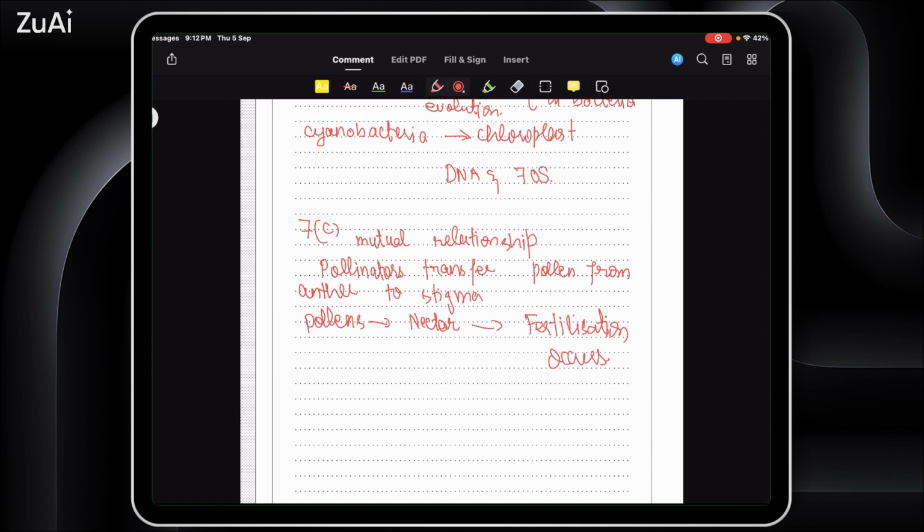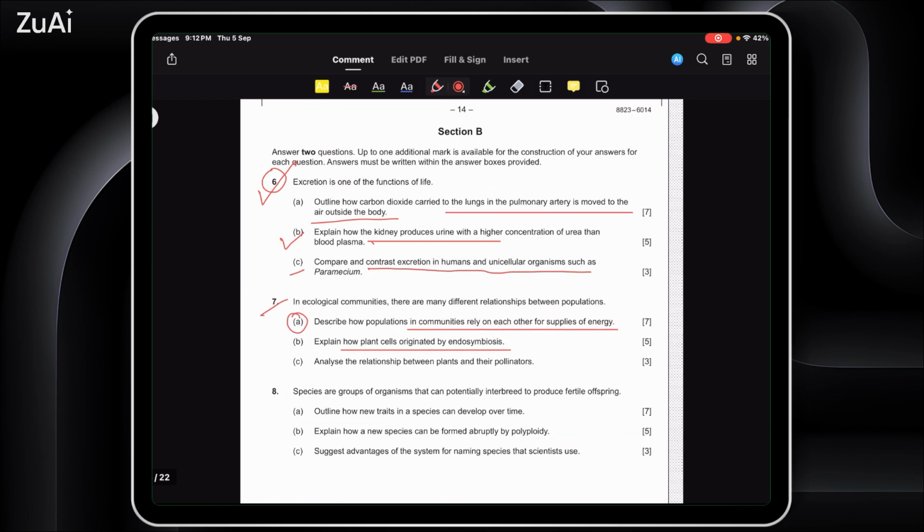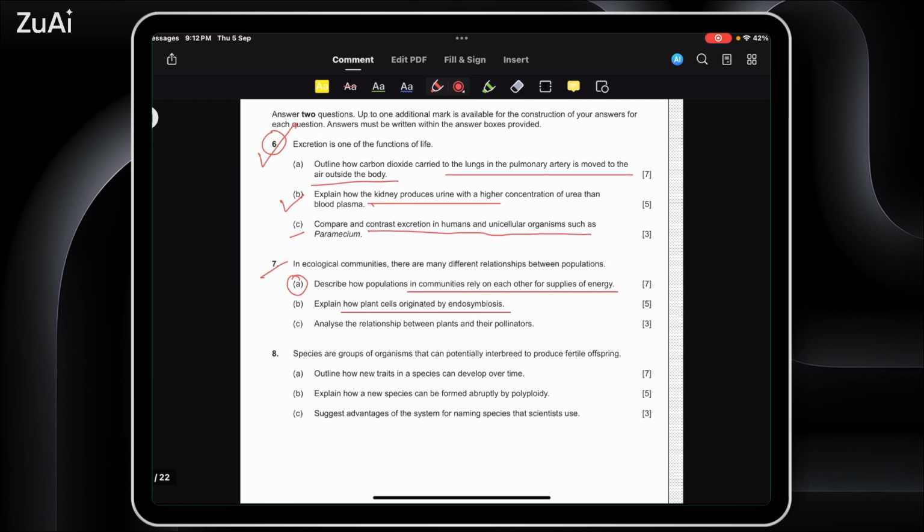So that's the whole process you have to explain. Like what happens? Pollinators transfer pollen from anther to stigma, and then transfer pollen between plants, and then plants gain a higher chance of pollination. That's how you will explain this. So that's why we can say that is the relationship between plants and their pollinators.